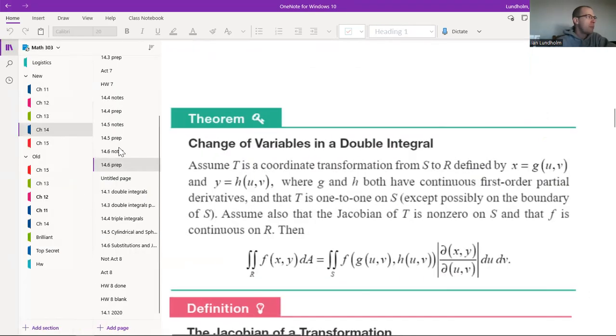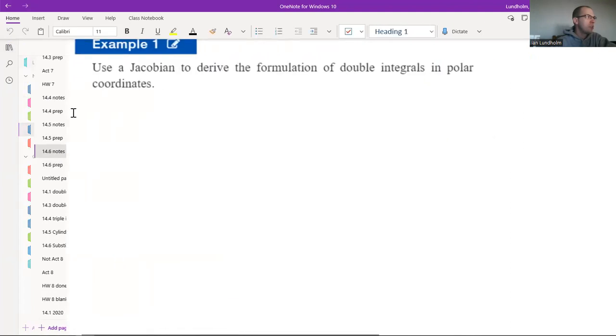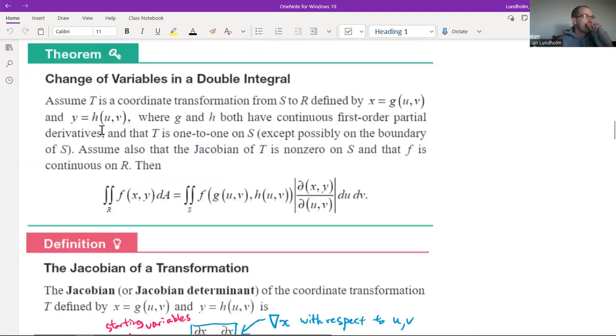Actually, yeah, let's go back to this one. Okay. So, this notation with partial x, y over partial u, v and the absolute value signs along each side, that part is the Jacobian determinant.